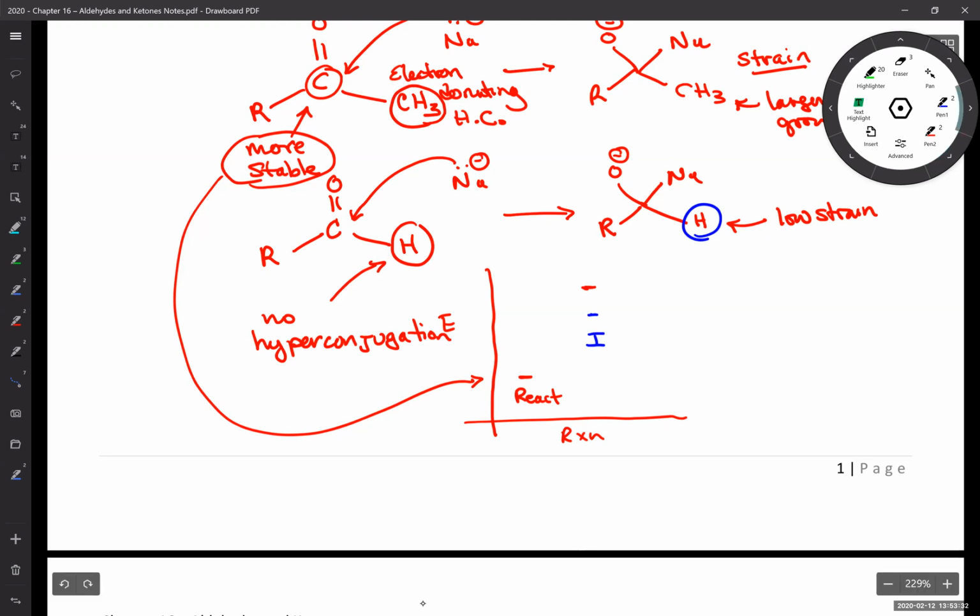And for the aldehyde, because it doesn't have the hyperconjugation from that alkyl group like the ketone does, it's going to be higher in energy. So the net effect is this. This might be the activation energy for the aldehyde. This is the aldehyde pathway.